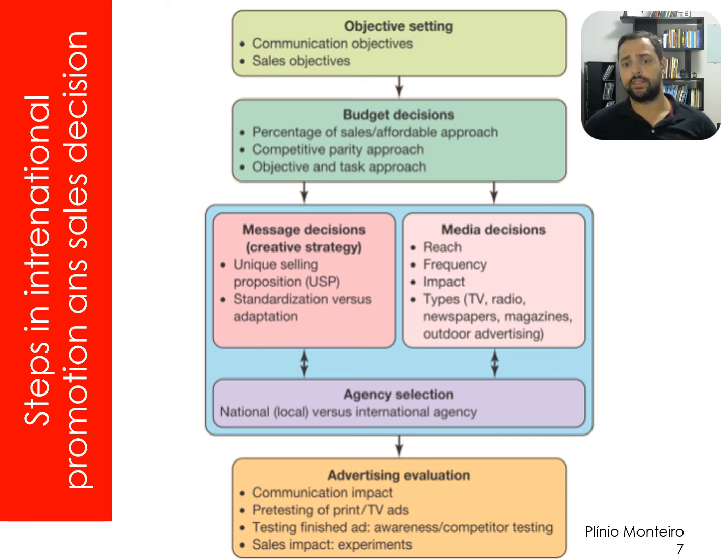And of course, taking into account these factors for your decision, you need to make a choice of your media mix. So what will be the different media and channels that you're going to use, what will be your investments, and also what will be the schedule of these media for reaching your audiences.